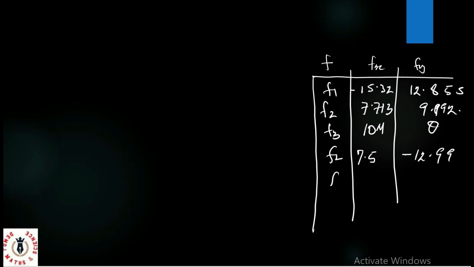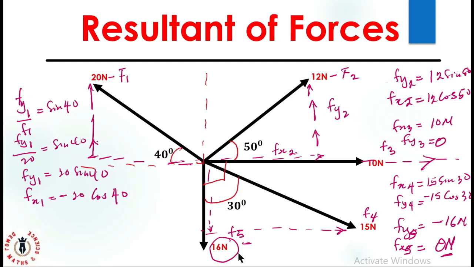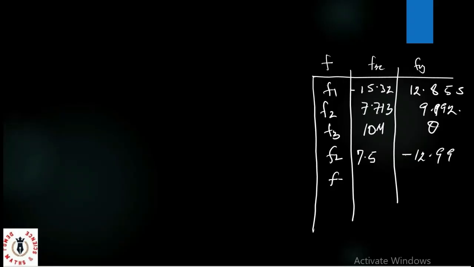And finally, I have my F5. Now for my F5, we have 16 as my y component in the negative direction, that's minus 16, and my x component will be 0.